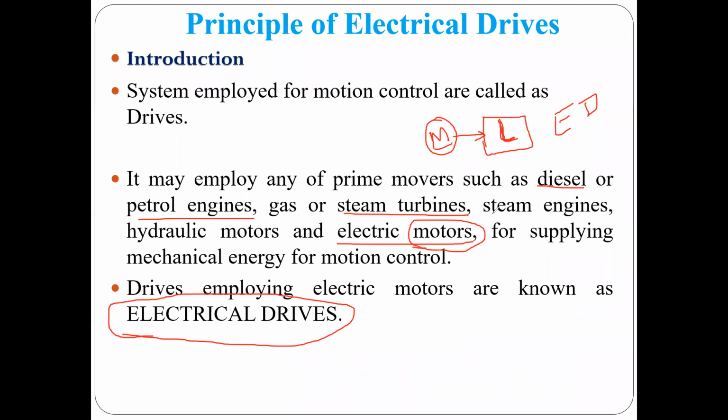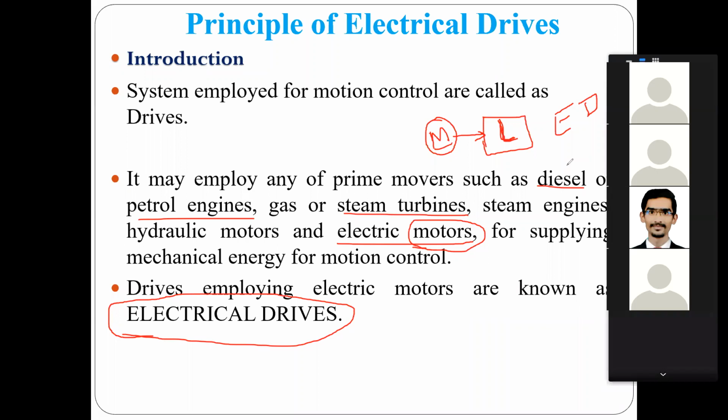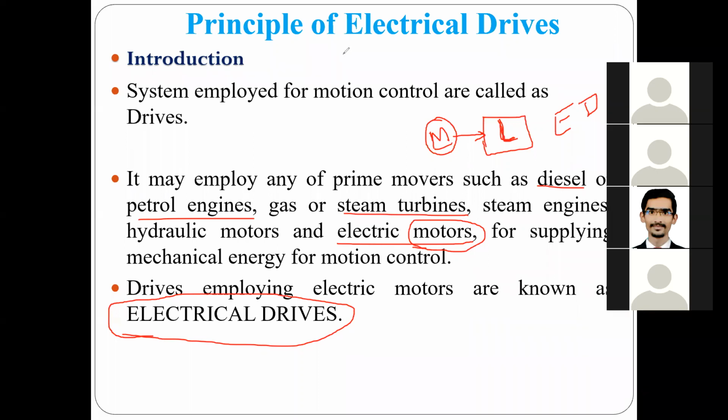Yes, sir. Okay, can you give the general definition for drive? Shantanu Patil: System employed for motion control is called drive.